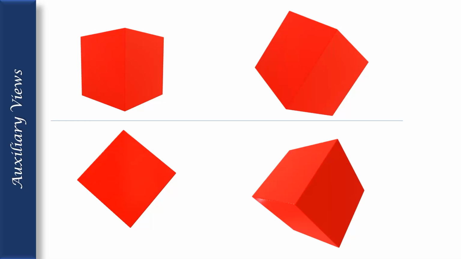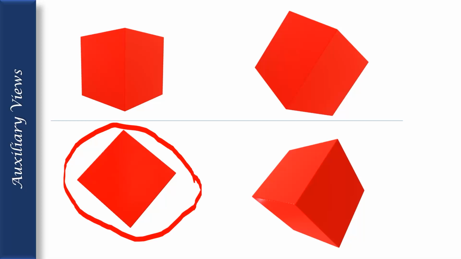This will be the top view of the object, this will be the front view of the object. If it is inclined 30 degrees, this will be the object and this will be the final auxiliary view, these both. These both will be the auxiliary inclined plane.